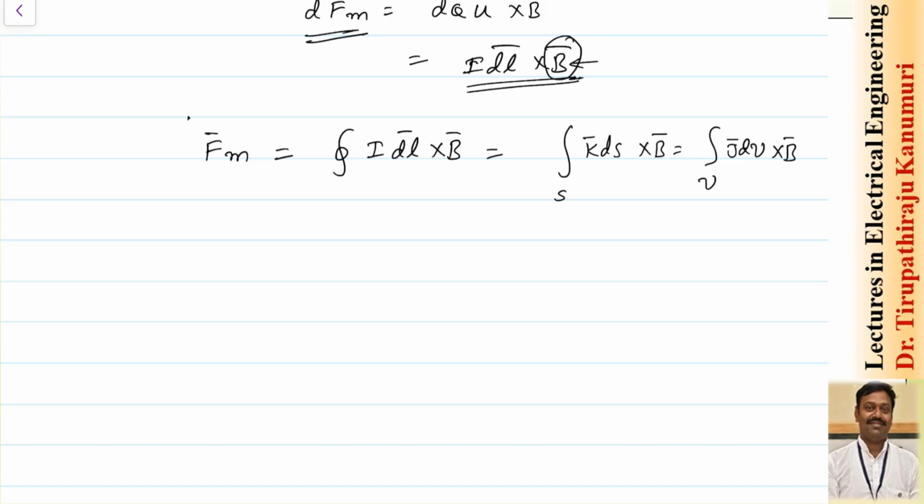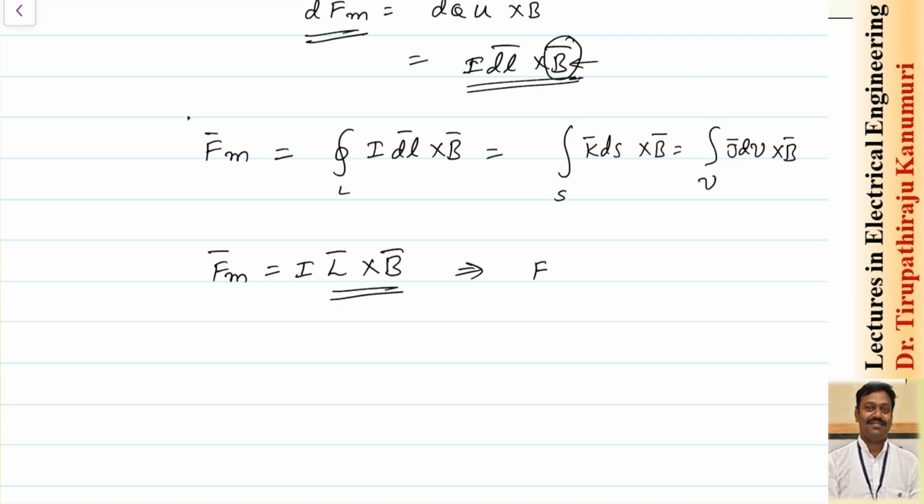When the conductor is straight, whatever line integration you do will be nothing but the length of the conductor itself. So for a straight conductor, Fm will be equal to I into, let us assume L is the length of the conductor, L cross B. Or this cross product of two vectors is nothing but the product of the vectors' magnitudes multiplied by the sine of the angle between them.